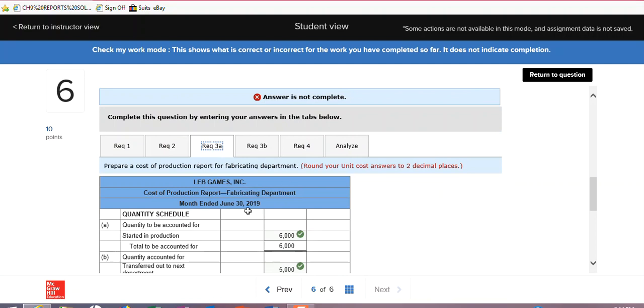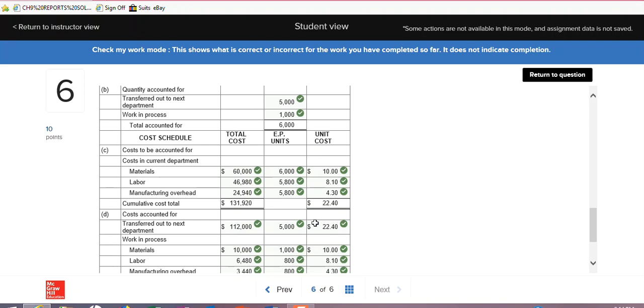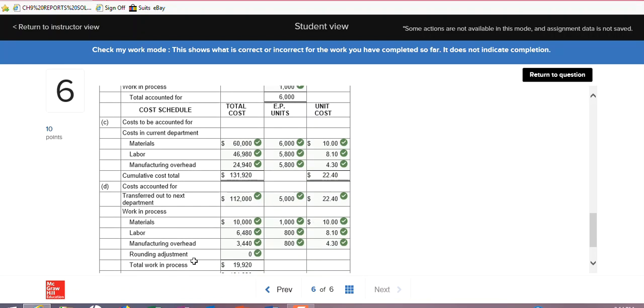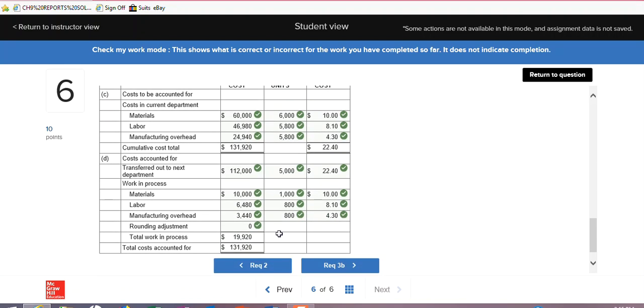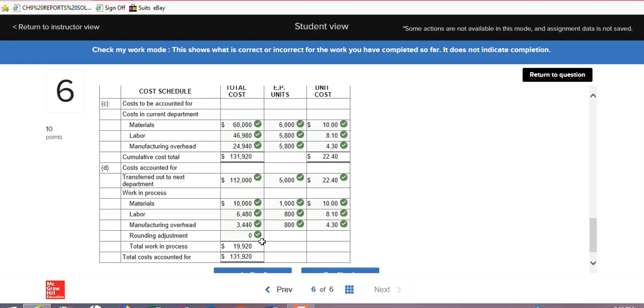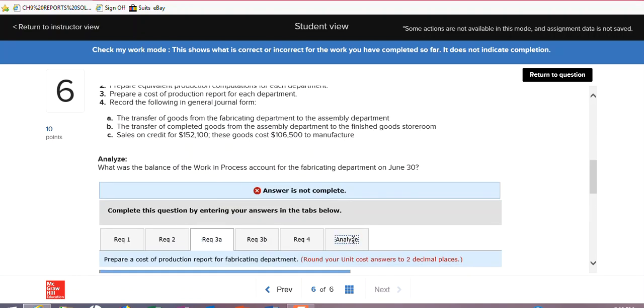This is our cost of production report for fabricating department because that's the one it asked about. If you scroll down towards the bottom, it has the cost that we accounted for. These costs were finished and transferred out, but all these costs are in our work in process. So here's our total work in process of $19,920. That's what they're asking us for.